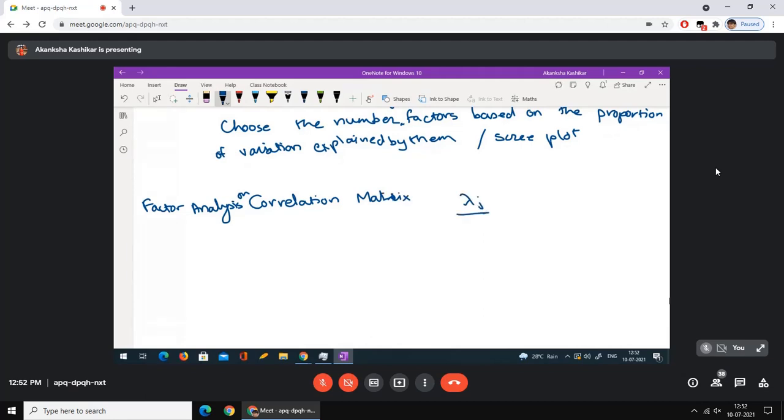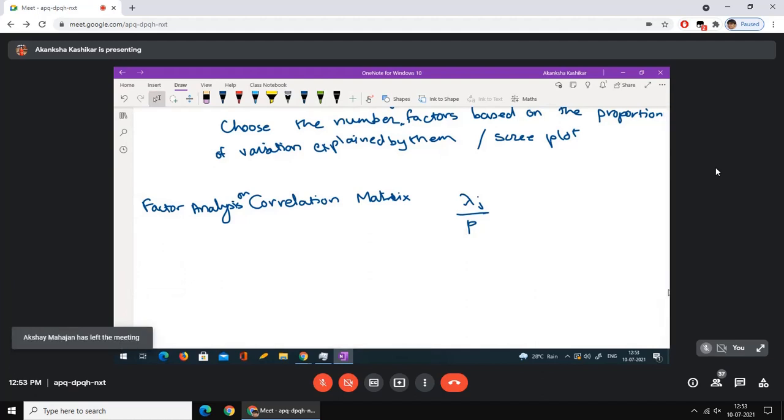So the proportion of variation explained by an individual factor would be lambda j upon p, because the trace will always be p. So if we are going with the principal component method, then choosing the number of factors is exactly the same as choosing the right number of PCs required for further analysis. So this is how the estimation works in the case of factor analysis.